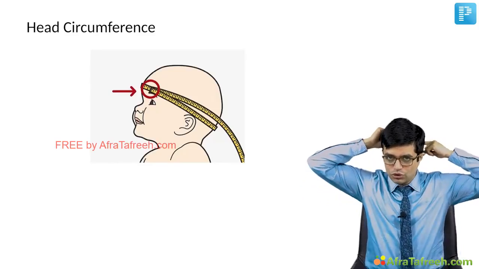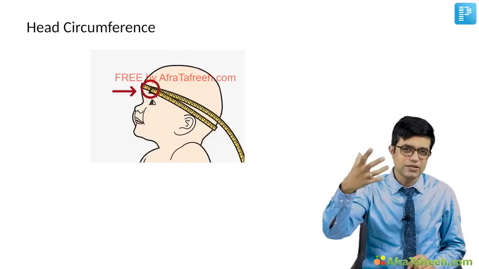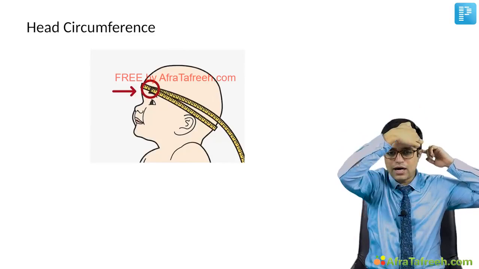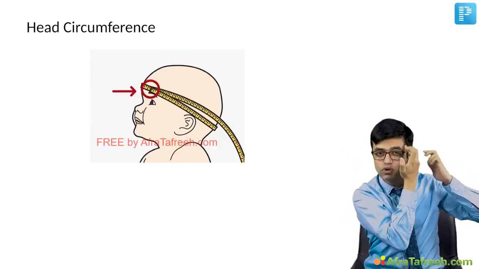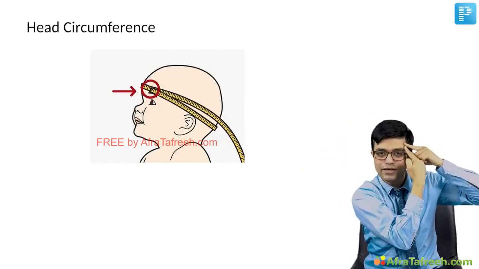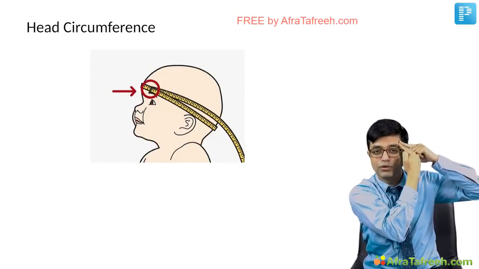At the back, it should go through the maximum diameter covering the occipital protuberances, because that is where the maximum diameter is. Then you come out, and usually it is measured just above one of the supraorbital ridges. So you circulate it like this, bring it here and then calculate here. This is the easiest way and the recommended way of calculating it.